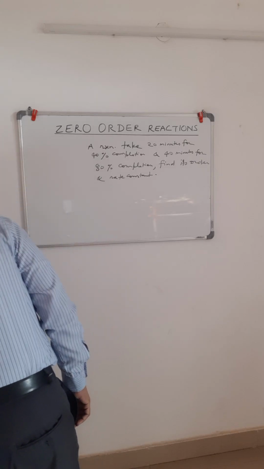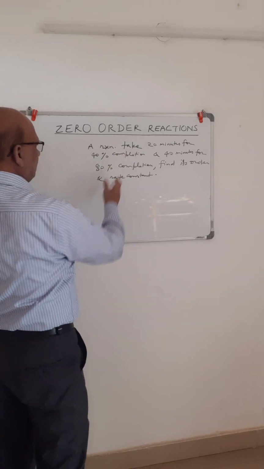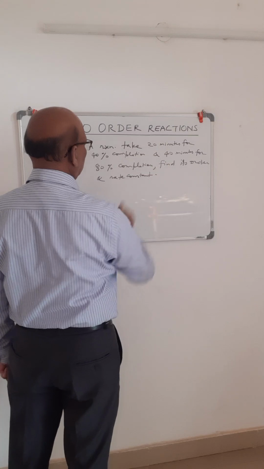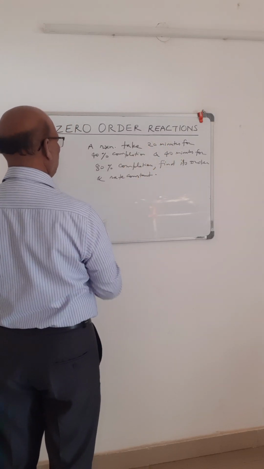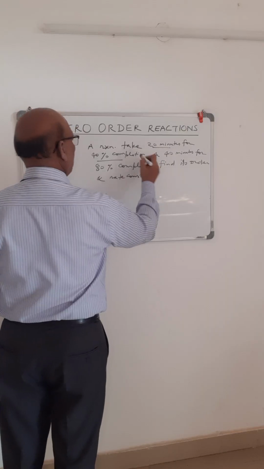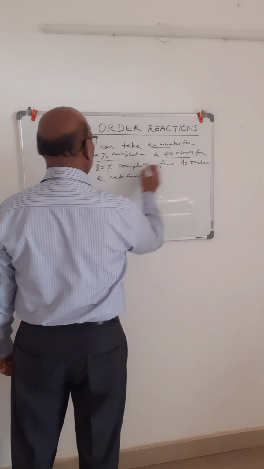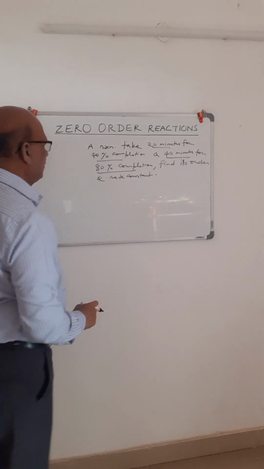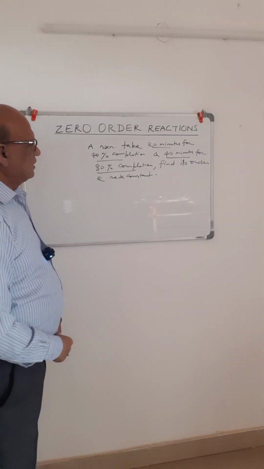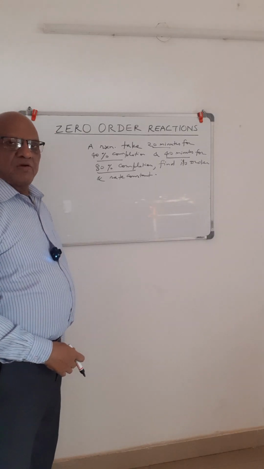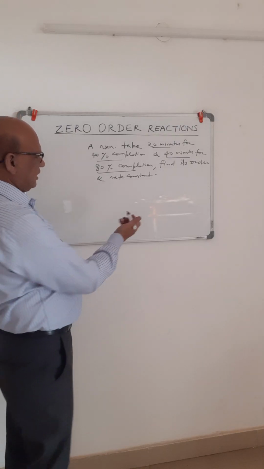So how we will do? Just by observation we can see that this is a zero order reaction because it takes 20 minutes in 40% completion and double the time, that is 40 minutes for 80% completion. Means it is a unitary method, and zero order reactions concentration behaves by unitary method we can calculate.